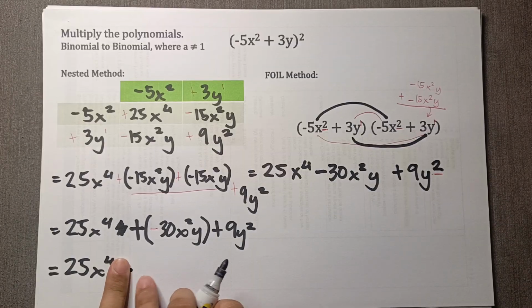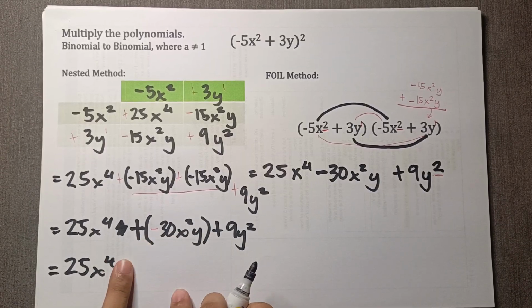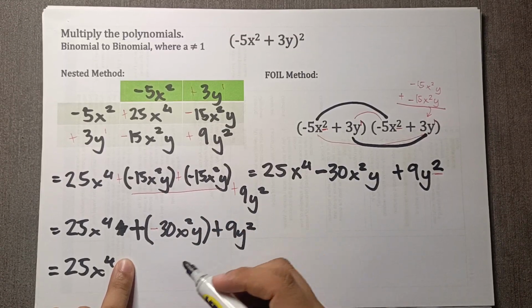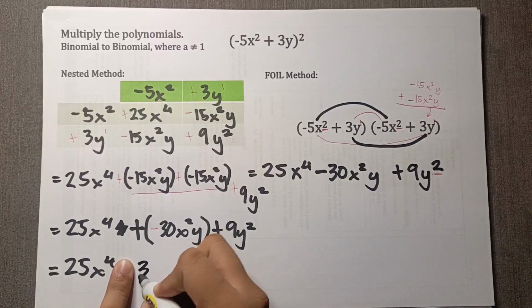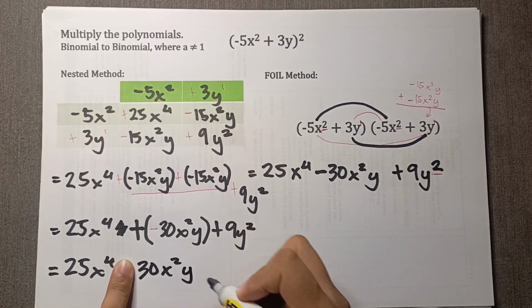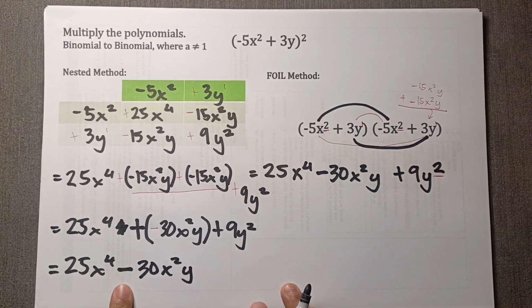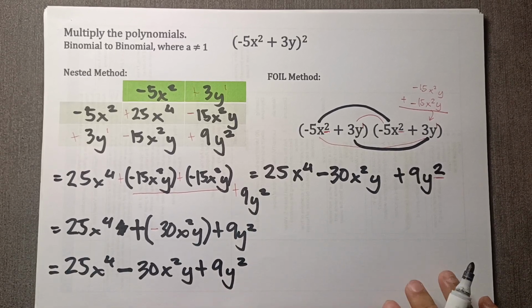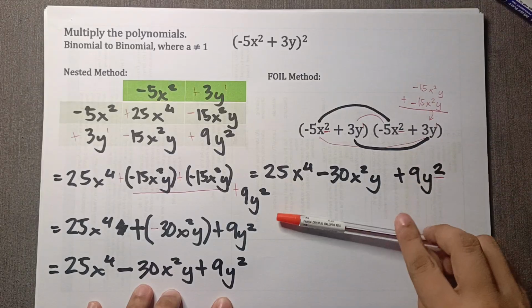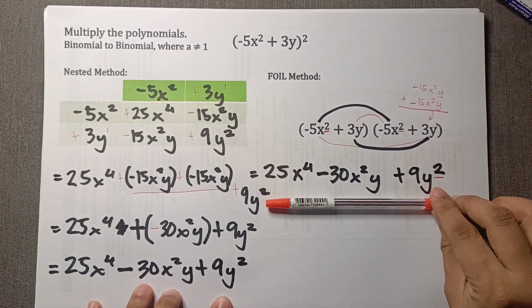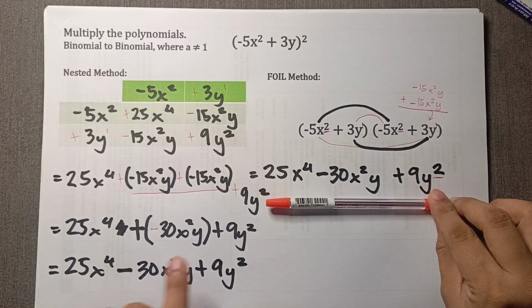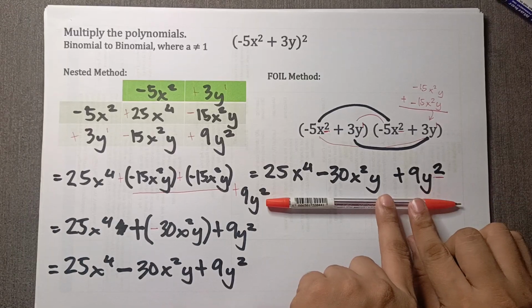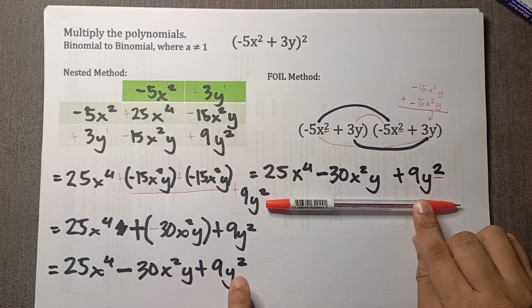Notice, tinakpan ko tong subtraction coming from addition para ma-identify natin na, okay, that's a transformed sign na positive 30x squared y. Kaya naging subtraction siya. Okay? And then copy the other values as well. And we do have the same answer as this one. Okay? 25x raised to 4. And we have negative 30x squared. And then y. And we do have also plus y, 9y squared.